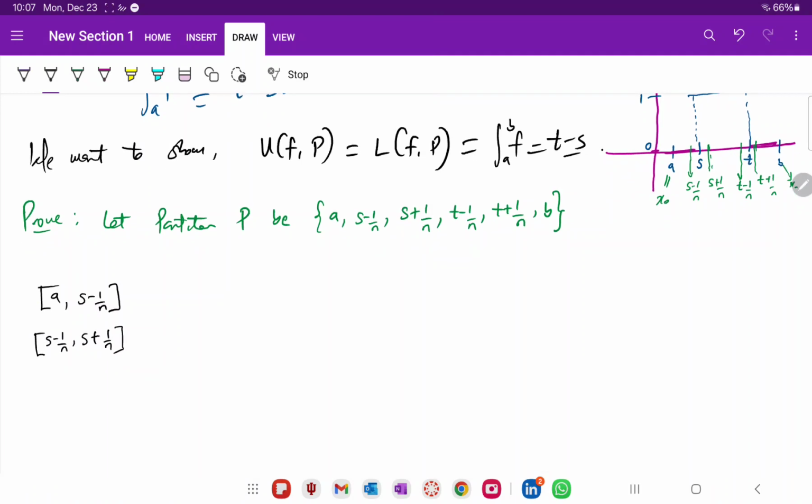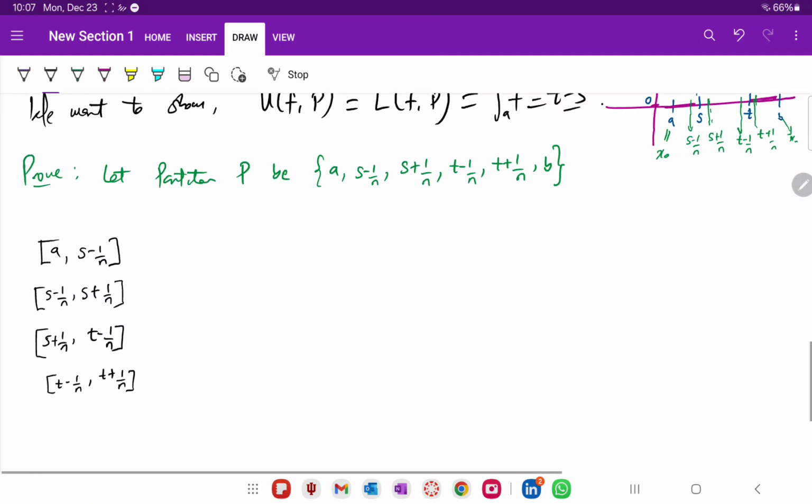Then the third subinterval, s plus 1 over n, sorry, to t minus 1 over n. Then the next interval, t minus 1 over n to t plus 1 over n, and lastly we have t plus 1 over n to b.